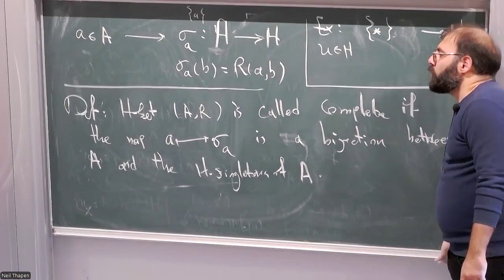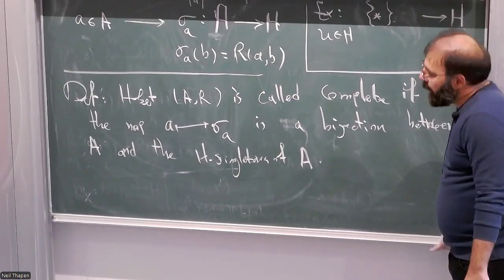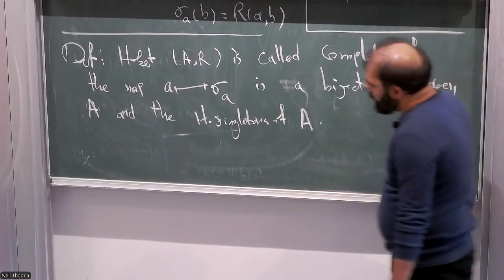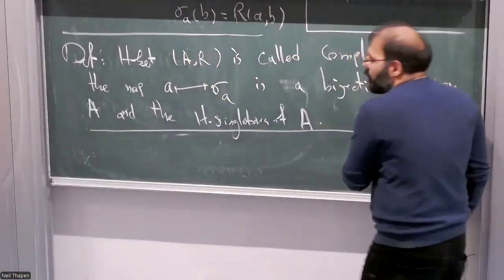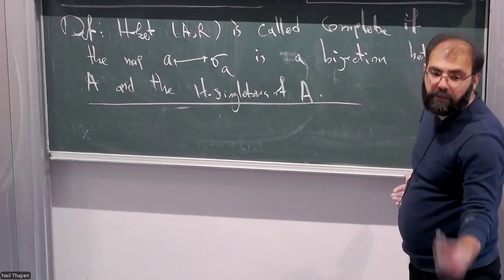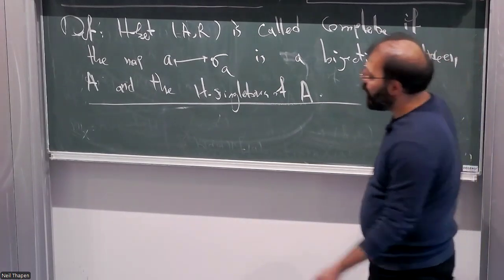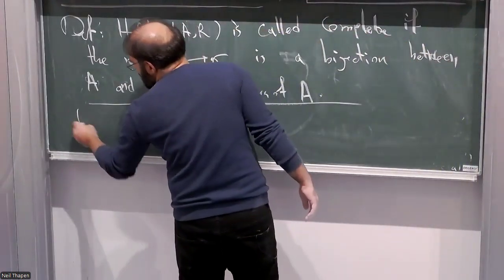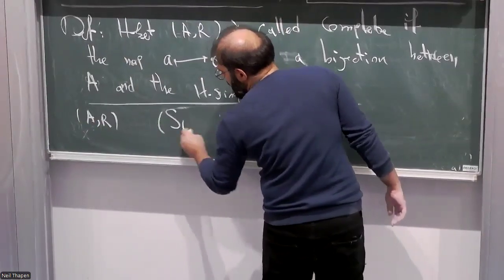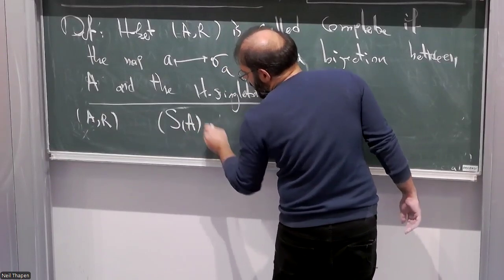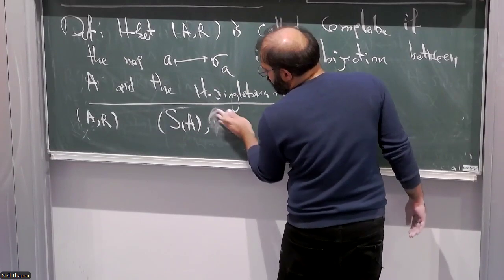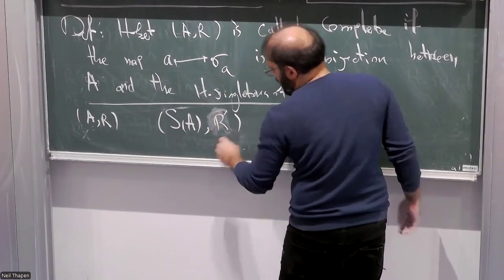There are two things that I have to say. One, any H set is isomorphic with a complete one. So you can complete your H set. How? If you start with AR, what you have to construct is the H singletons of A, and the R of it. Let's call it R prime.